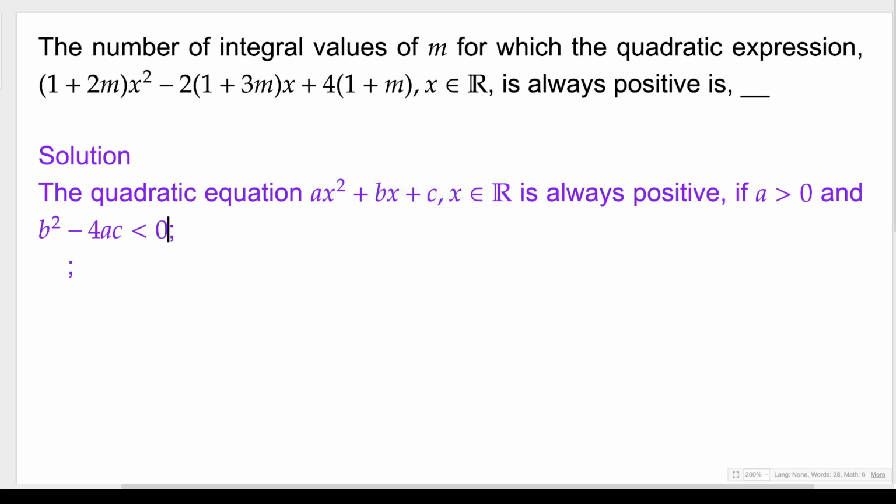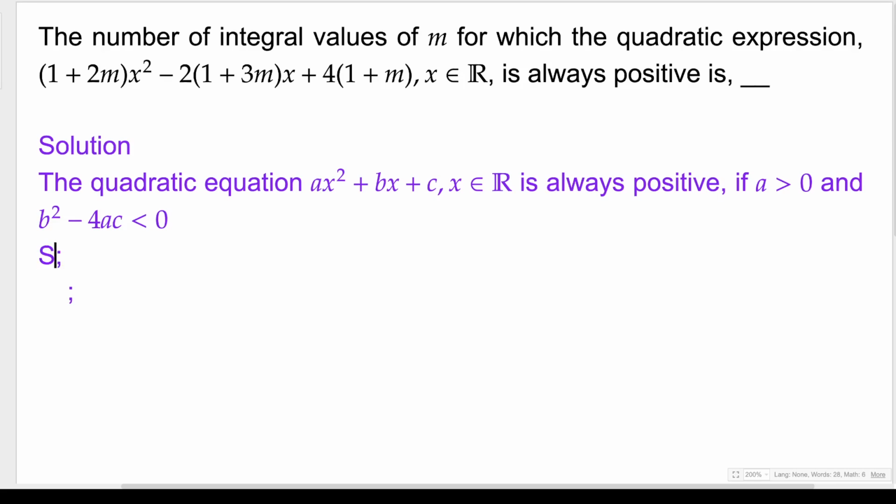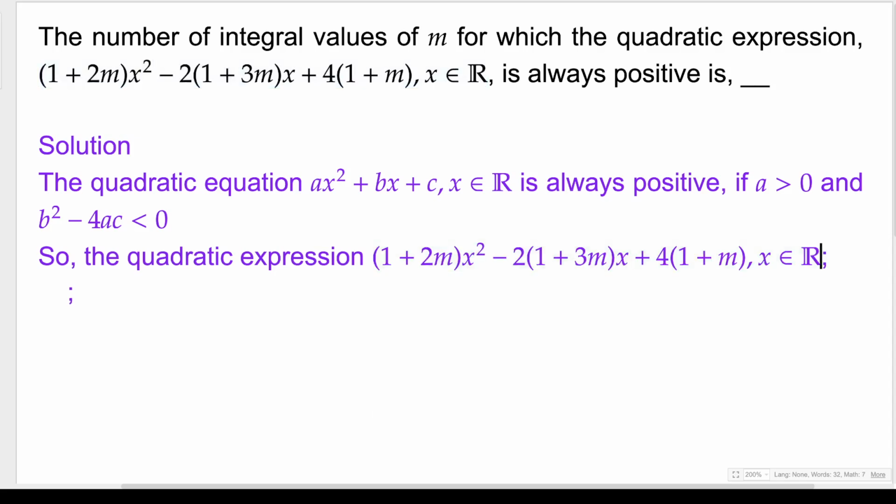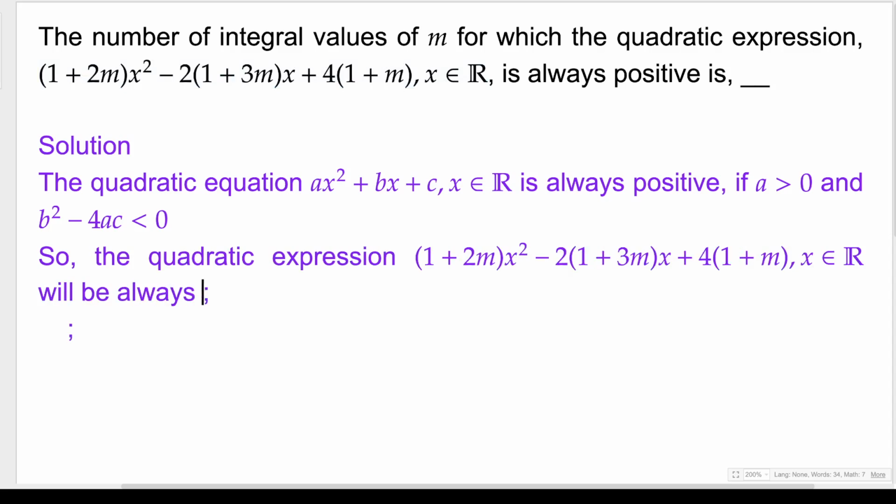From this established fact we can say the quadratic expression given to us will always be positive if 1 + 2m is greater than 0. That is the coefficient of x², and let us mark this as equation 1. The discriminant has to be less than 0.